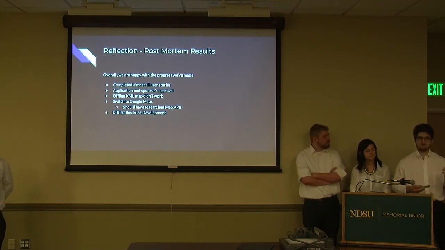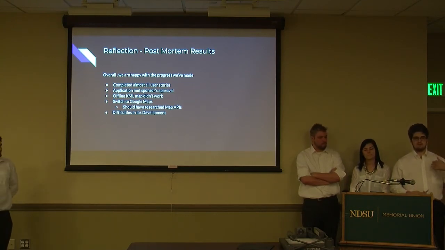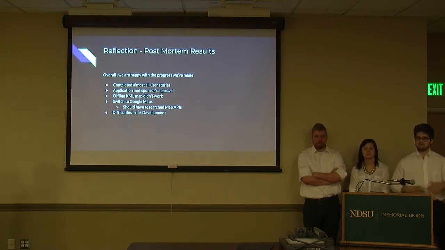Unfortunately, we ran into an additional problem when we manually installed the dependencies, because the dependency manager CocoaPods did not work for us to pull from the GitHub. So we had to all show each other how to do that, and that was a very stressful time. In hindsight, we would have looked more into whether MapKit would have supported offline maps or not, so we didn't have to go through that.